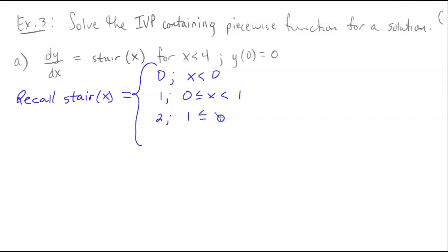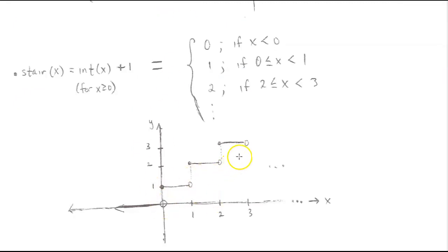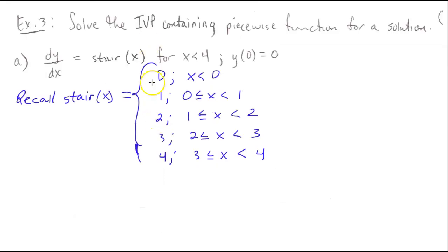Then it's going to be 2 for all values in between 1 and 2, excluding 2, and 3 for all values in between 2 and 3, excluding 3. And finally, it's going to be 4 for all values of x in between 3 and 4, excluding 4. And so this is what this piecewise function looks like. And if we look at this graph here, we'll see that what we've described piecewise is the same thing that we've written out here.